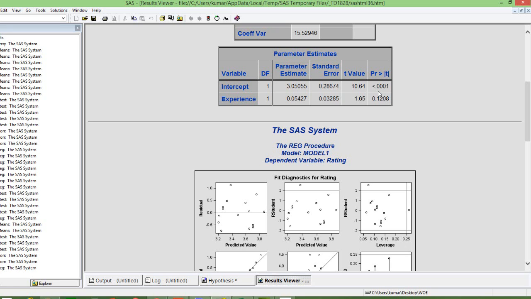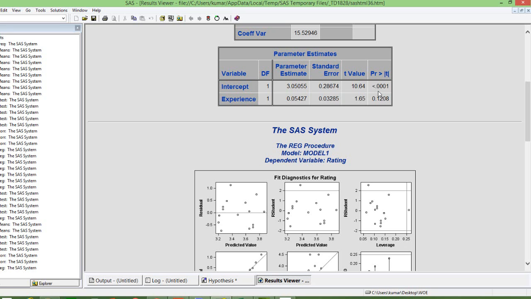Now the p value has to be less than 0.05 for the coefficients to be significant. And what does significance mean? That means it is different from 0, a non-zero value, something that can be explained. If it is 0, there is no point in explaining. It's as good as without a coefficient, right? So we always expect the p values to be less than 0.05, but here in this case it's greater than 0.05.